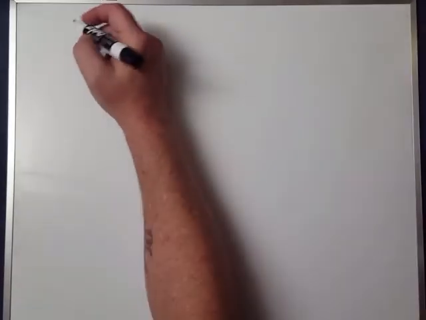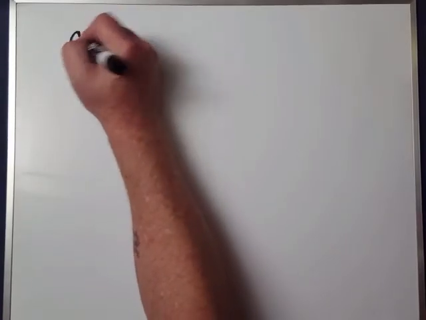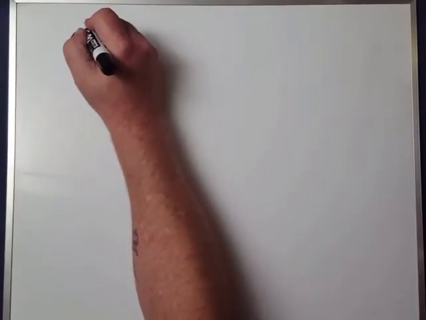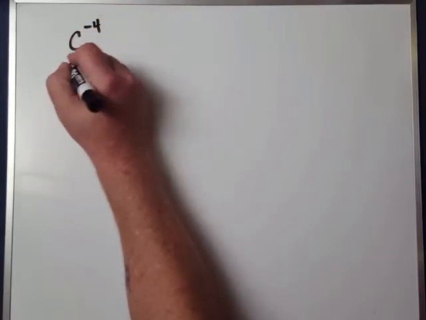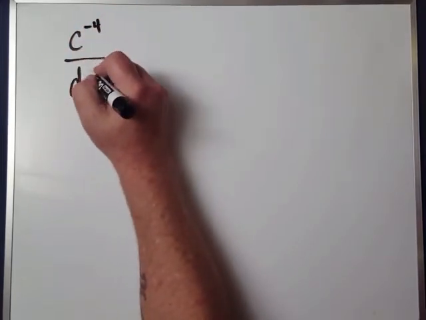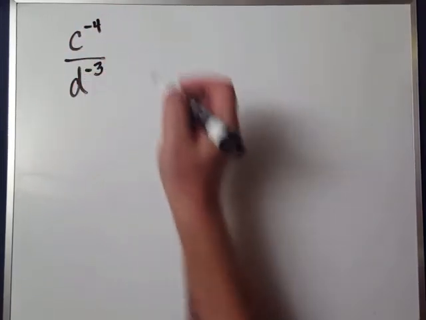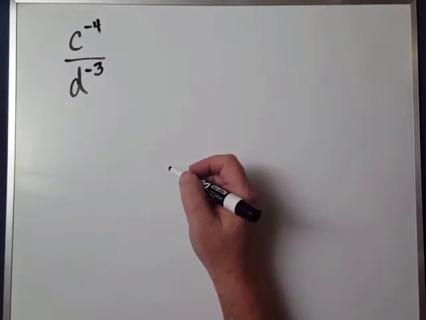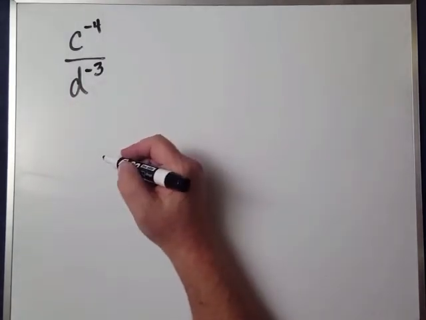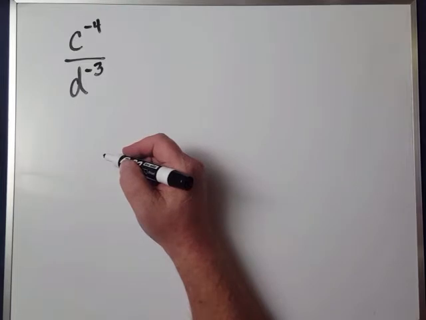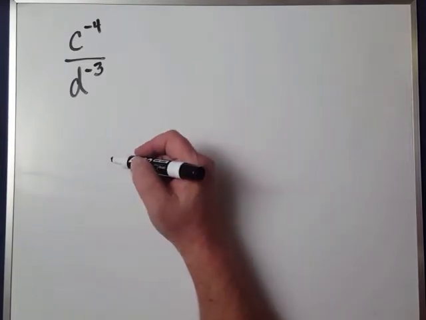Well, if that's the case, let's think about this. C to the negative 4 over D to the negative 3. Simplify. Now, in this section, we're going to add to our rules of simplification.